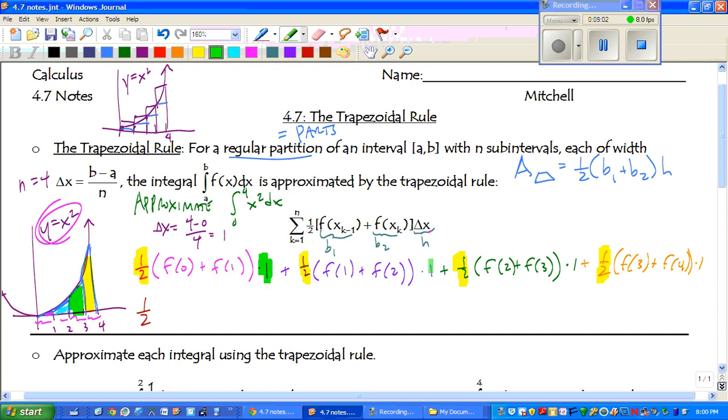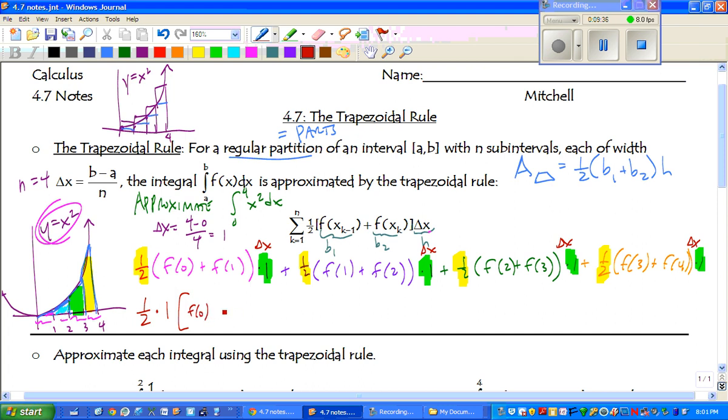Also, each one has a 1. Now, that 1 changes from problem to problem. The 1/2 is always the same, but the 1 changes. That's our delta x, so we can factor out that 1. I'm going to leave it as 1 now, but remember, that's like our delta x for each one of those. Now what we're left with is the stuff in the parentheses. But let's take a look at what we've got.